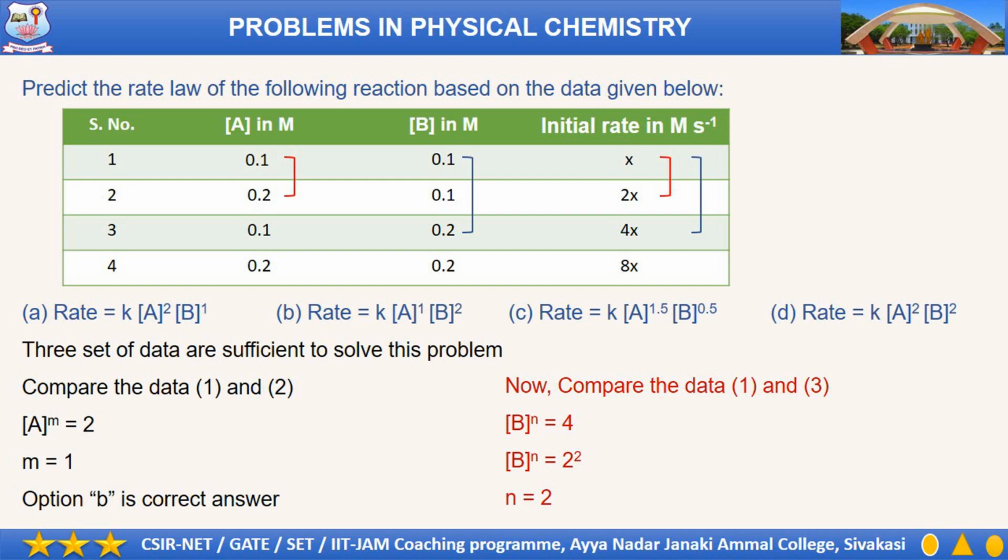Therefore, definitely 2 power n is equal to 4 and n should be equal to 2. Therefore, without working this, you can give the rate equation. But if you are asked to calculate the rate constant, then you have to substitute and find it out.